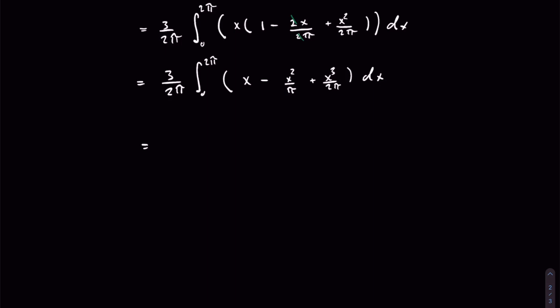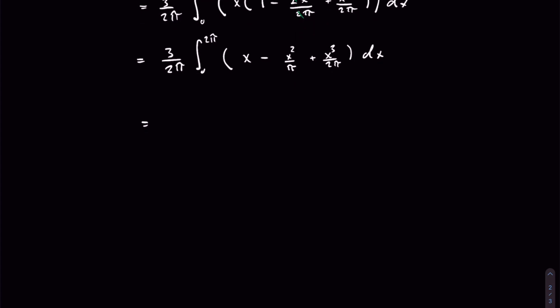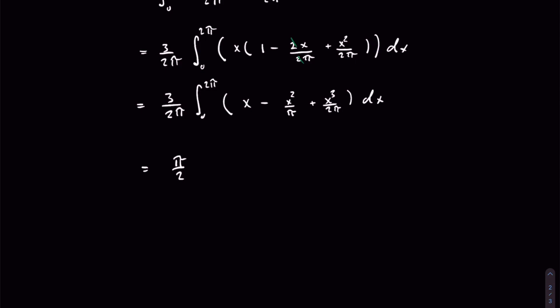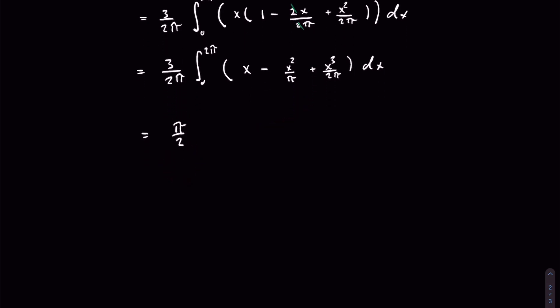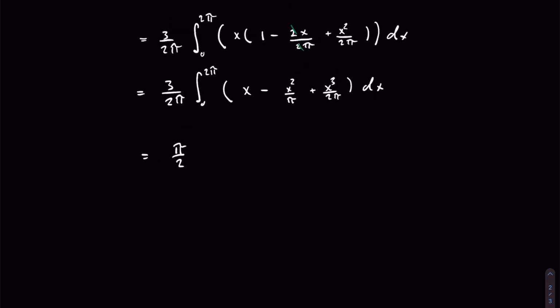And now, by expanding this whole thing here, you can do the calculations yourself, but from here, this whole thing will reduce down to pi over 2. So yeah, these are just simple integrals in terms of the power of x: 1, 2, and 3. And by expanding this and multiplying in this whole term, you see that this ends up being pi divided by 2.